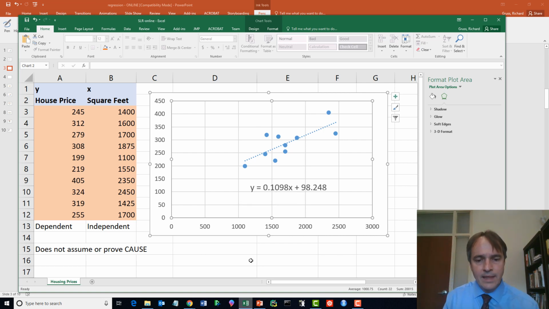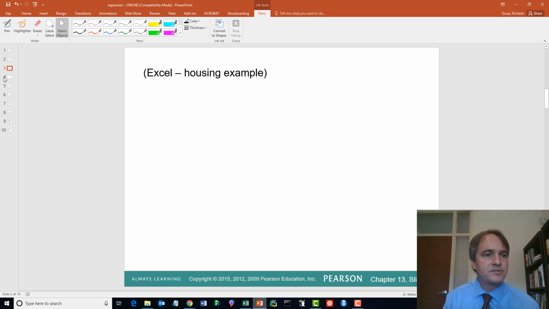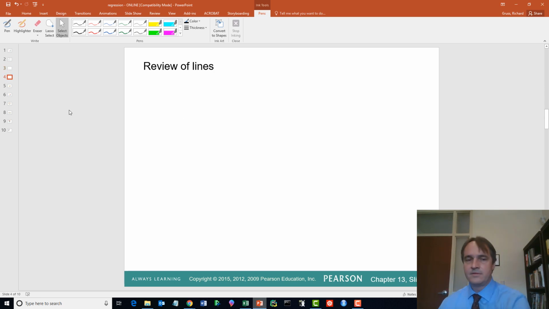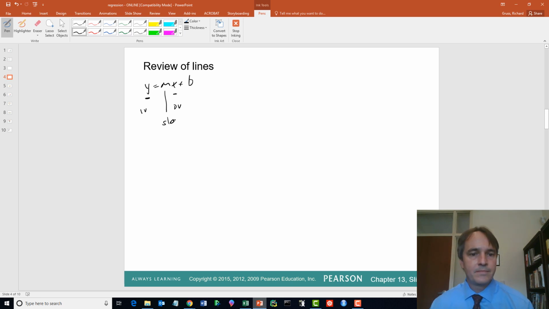So let me just review a little bit of high school algebra. Remember that the equation of a line was just y is equal to mx plus b. So this is the slope-intercept form of the equation of a line. And so this means that x is our independent variable, and y is our dependent variable, and m was our slope, and b was our intercept.